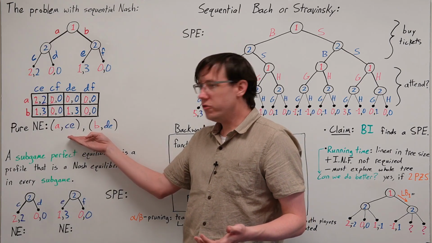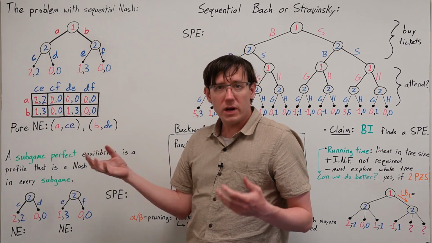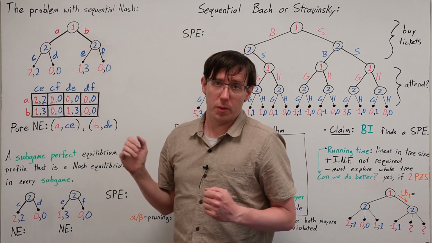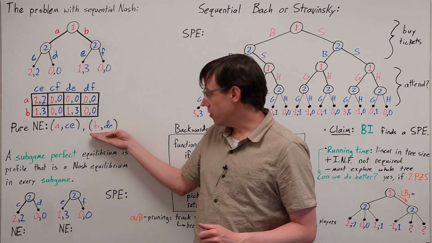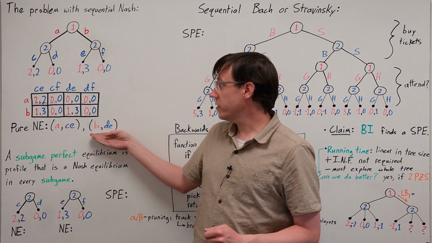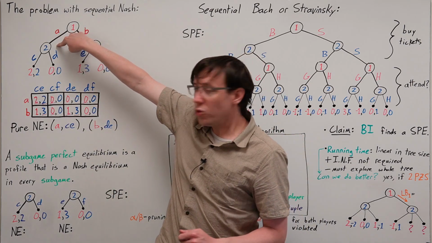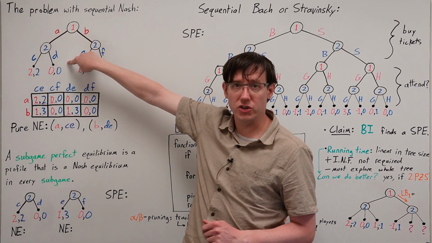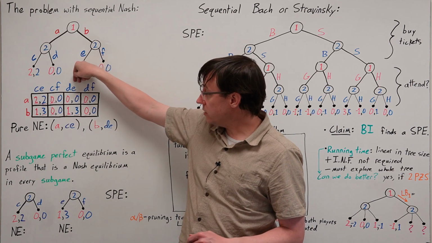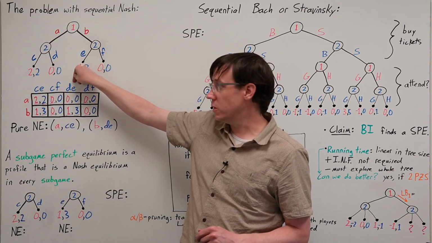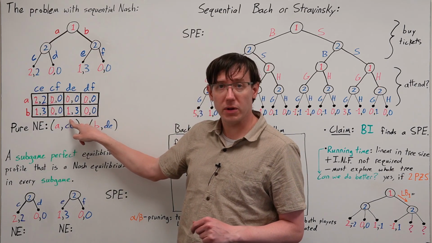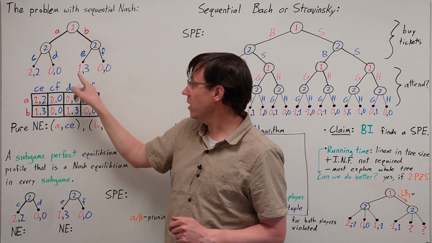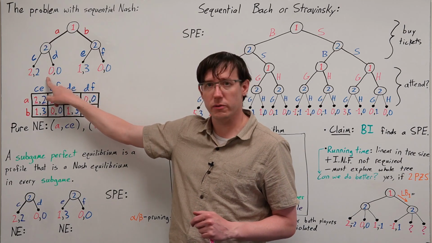But between these two Nash equilibria, one seems a lot more plausible when we think about the extensive form game. In particular, this equilibrium claims that if the game were to reach this decision node, player 2 would play action D. And in response to that strategy for player 2, it makes perfect sense for player 1 to choose B. Player 1's alternative of choosing A would lower their utility from 1 to 0.